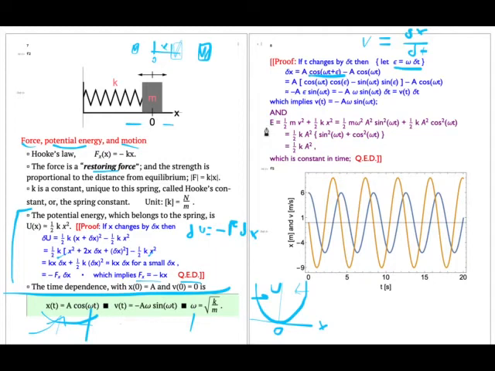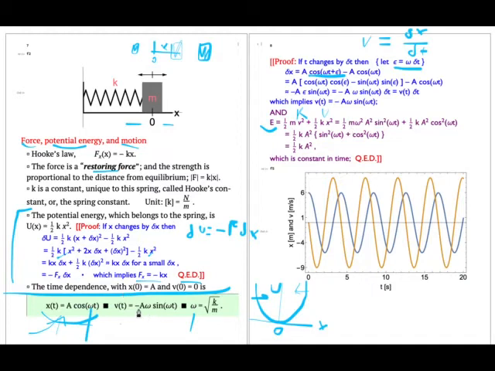So let's write down the mechanical energy. That is to say, 1/2 mv squared, the kinetic energy, plus 1/2 kx squared, the potential energy. So kinetic energy is 1/2 m.